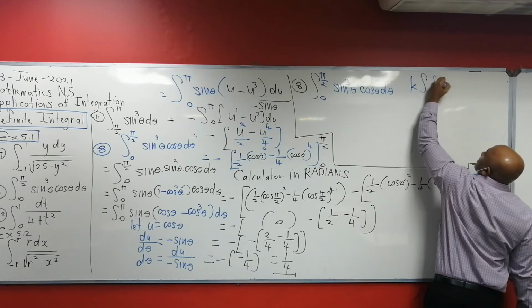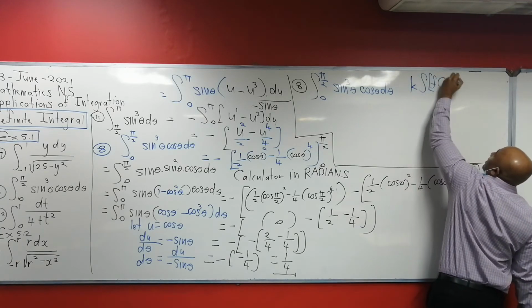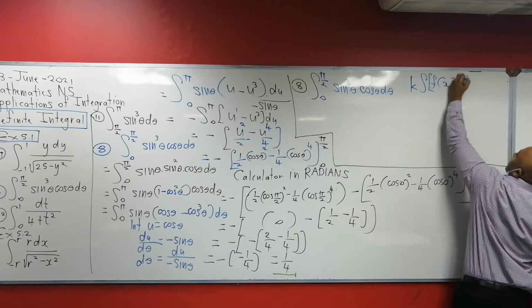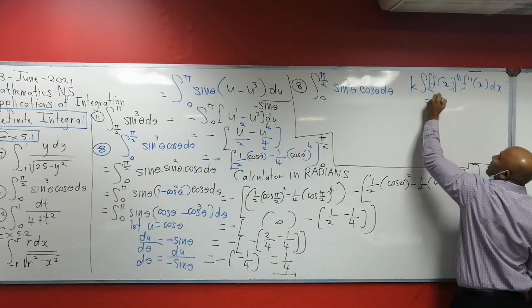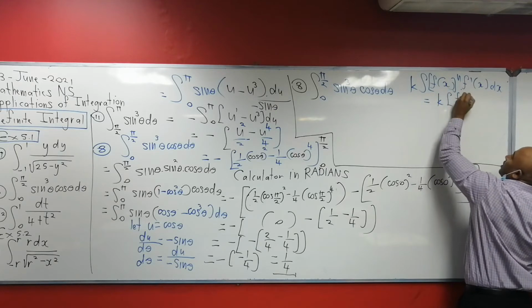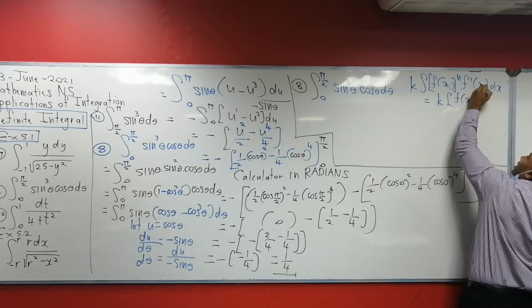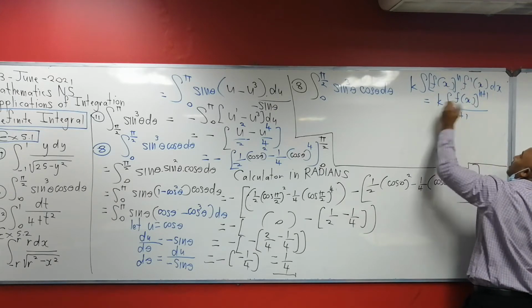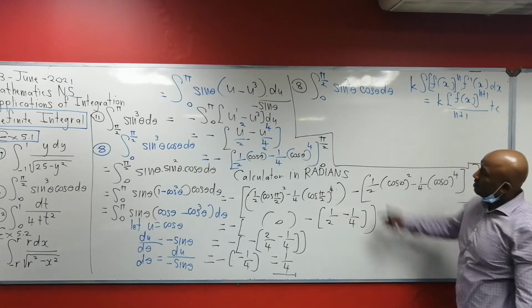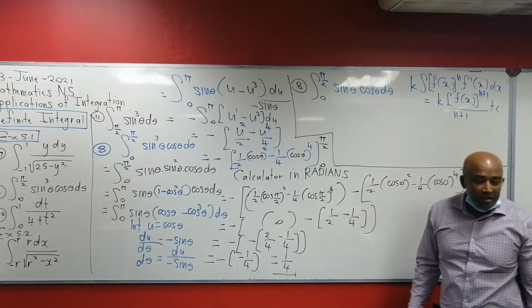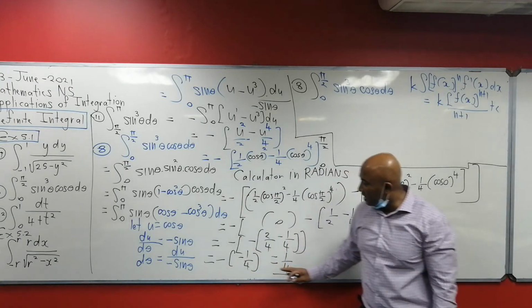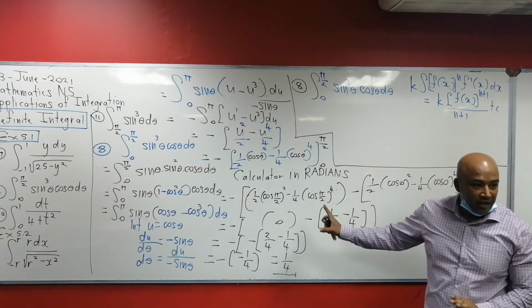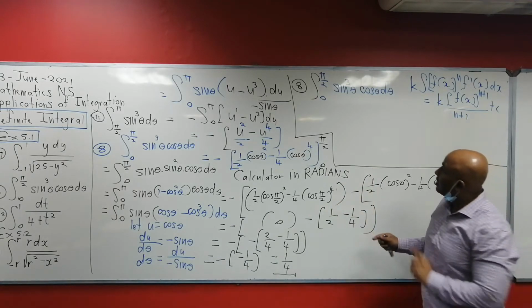It's f of x to the power n multiplied by f prime x dx, which is equal to k f of x to the power n plus 1 over n plus 1 plus c. This satisfies that condition there. So this is all unnecessary work. Okay, it's unnecessary work, you can see that, but it's still correct. It's correct but unnecessary.